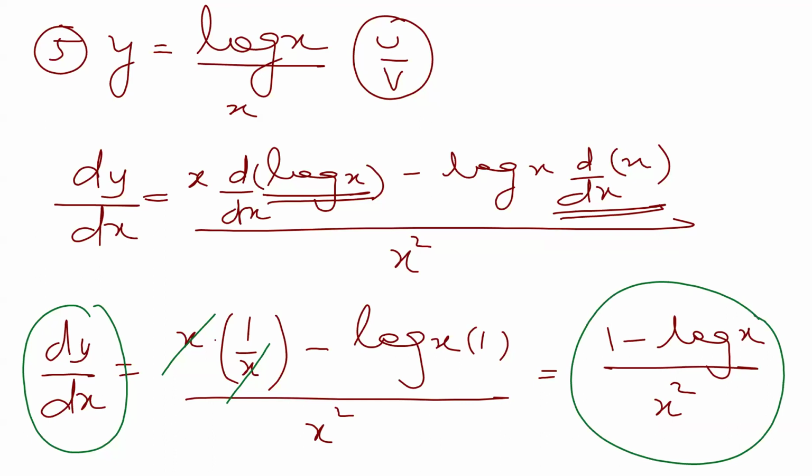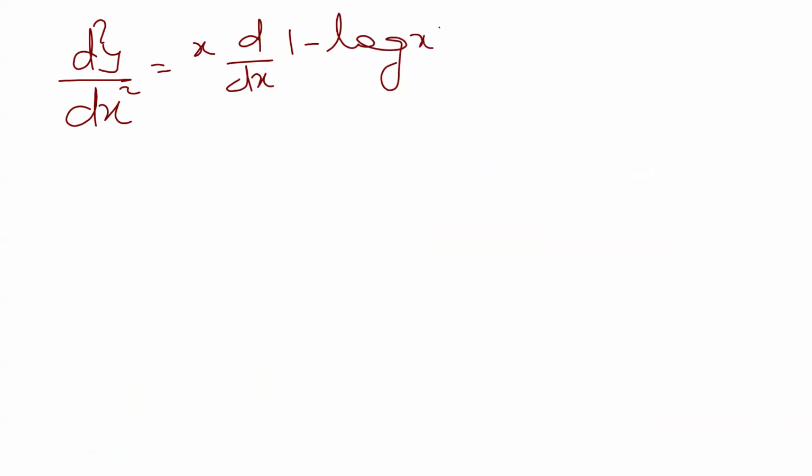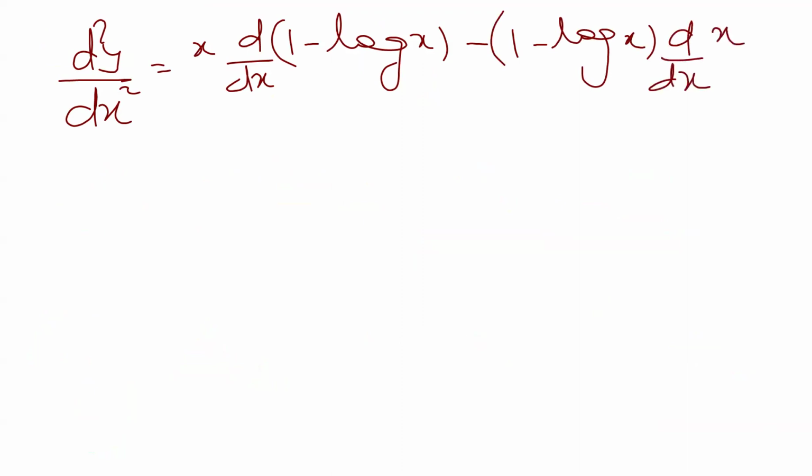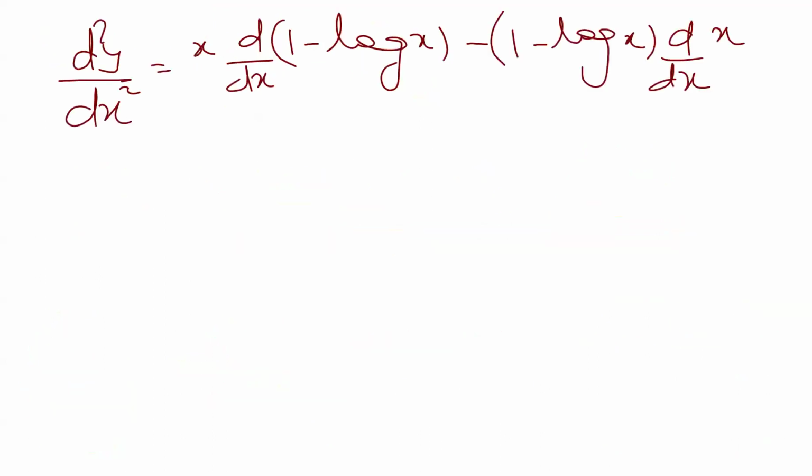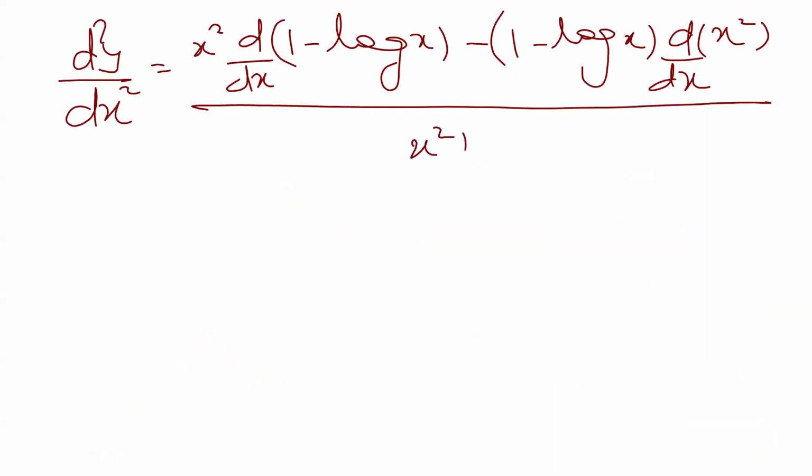So d square y by dx square is x square times d by dx of 1 minus log x, minus 1 minus log x times d by dx of x square, upon v square. I think it should be x square. Just a second. Yes, it is x square.